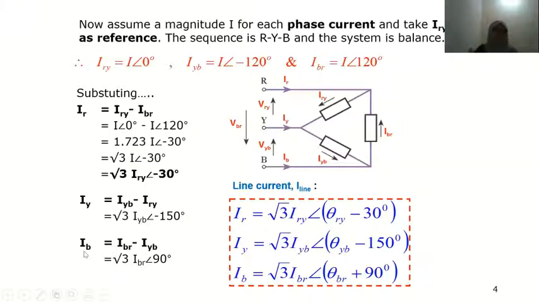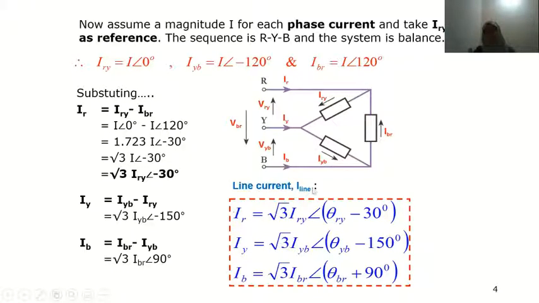Your IB, from the KCL, you can see here, where is your IB? IB is your IBR minus your IYB. So for your IB, your line current B is equivalent to square root 3 IBR with plus 90 degree.